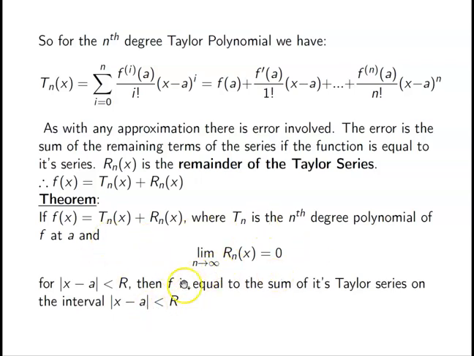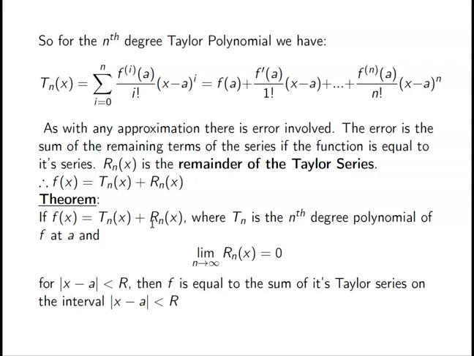So what this is basically saying is that if the sum of the remaining terms goes to 0, then within my interval of convergence, my Taylor series is equal in value to my function. We kind of saw that as my polynomial got larger and larger, the interval that it converged onto the function value got larger as well.